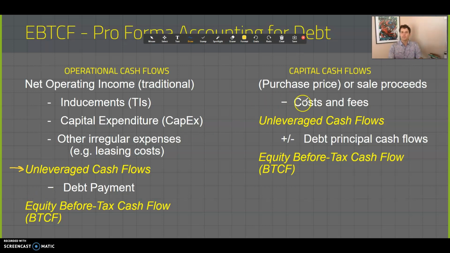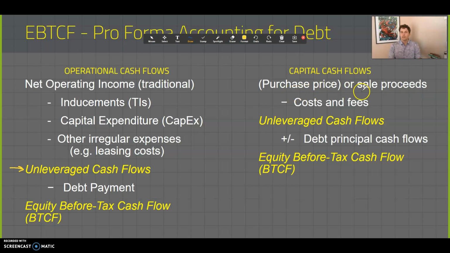Shift over to the capital cash flows. This is when I'm buying and selling the asset. So I put purchase price in brackets, not because it's optional, but because I like to think of the signs that we use in a pro forma as representing cash flows away from or to the investor. Away from an investor is negative, to the investor is positive. When we buy the asset, we're paying money, so that's cash moving away from me, the investor.